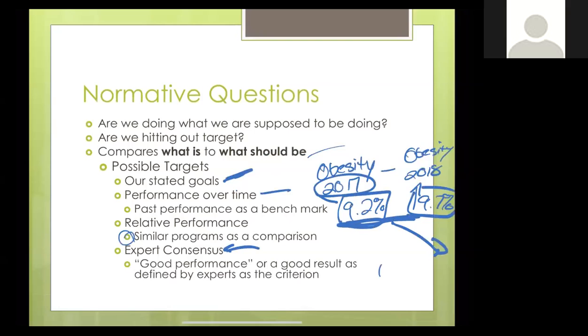They might say that plus or minus 0.3% change per year is normal. If we increase by 0.5, that's too much of a change by expert opinion. Something like that.